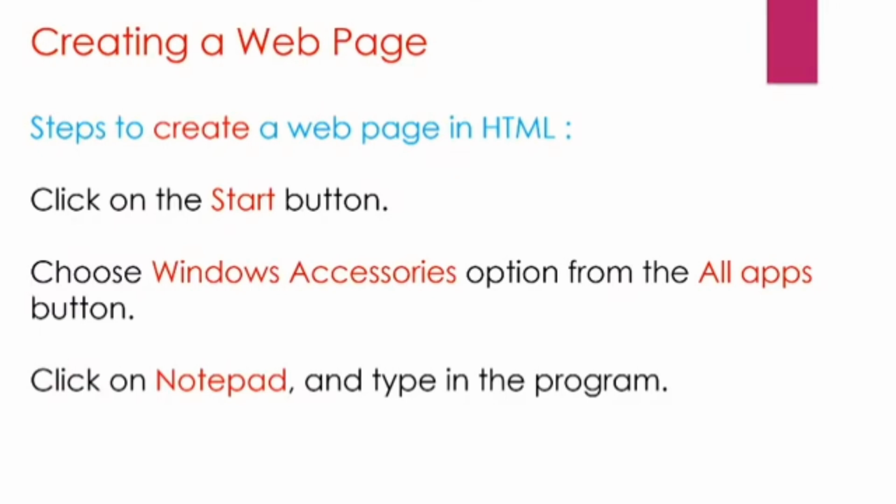Creating a web page. These are the steps to create a web page in HTML. First one, click on the Start button. Choose the Windows Accessories option from the All Apps button. Click on Notepad and type in the program.